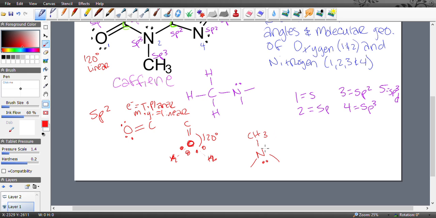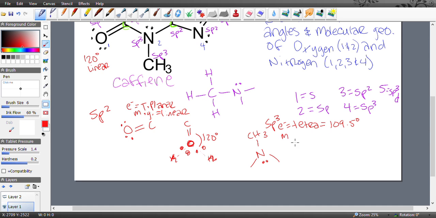So, single atom surrounded by four electron groups, 1, 2, 3, 4. We know that it's going to be sp3, right? And since we're talking about the electron geometry, it's going to be tetrahedral. And the angles on tetrahedral are 109.5, right?